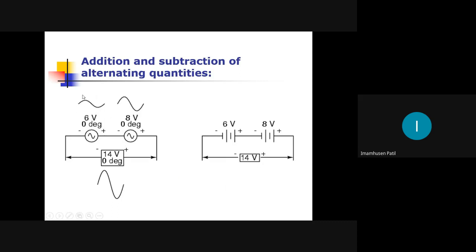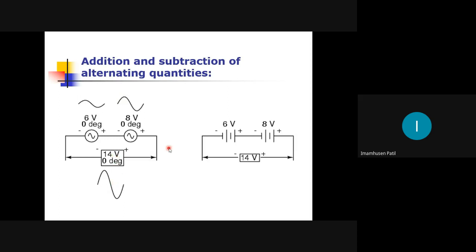Both are going in the same phase. Whenever this is starting, this is also starting. Whenever it is reaching maximum, this is also reaching maximum. When they are in the same phase, easily you can write, because the phase difference is 0, 14 volt 0 degree like that.